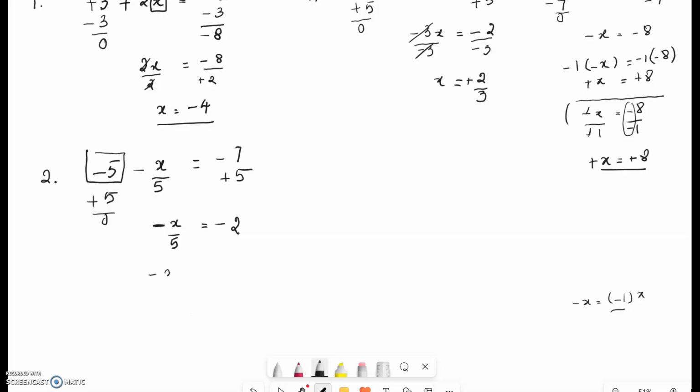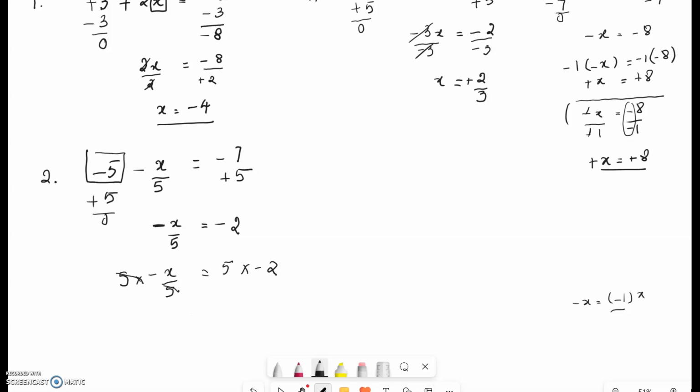So we have negative x over 5. Remember that 5 is in the denominator. How do you get rid of something that's in the denominator? You multiply with the reciprocal. So we have the exact same number in the numerator. Do the same thing on the right side. We multiplied both sides by 5.